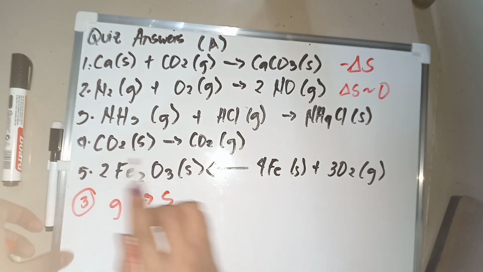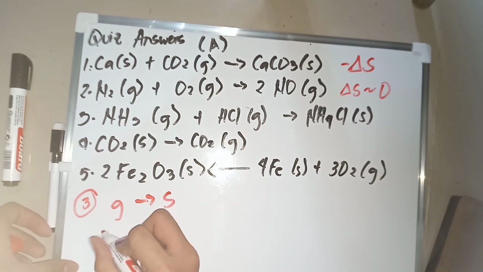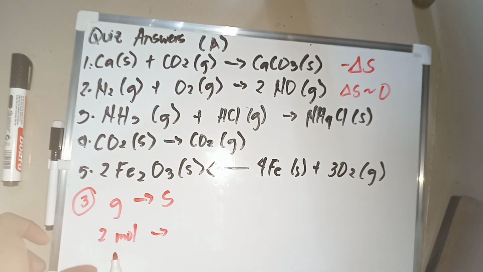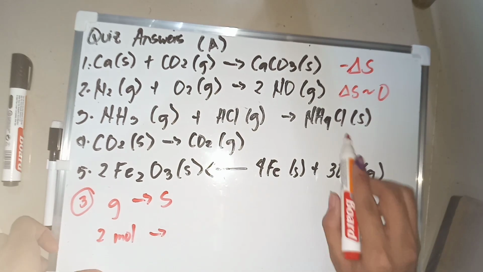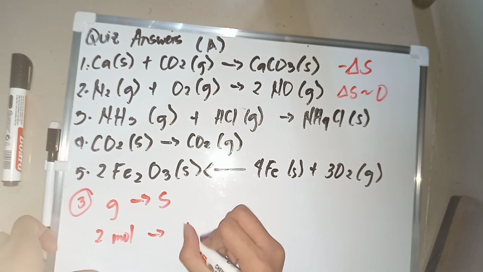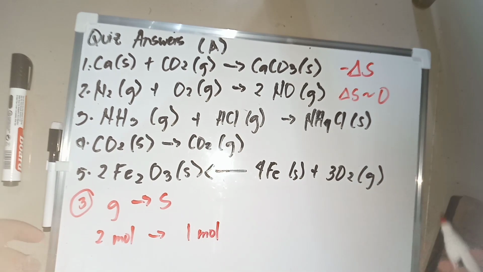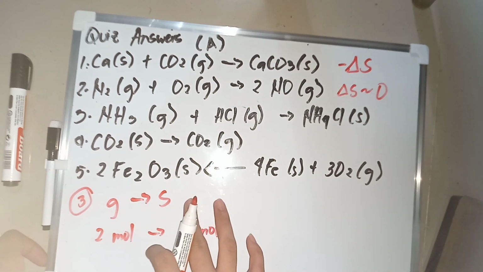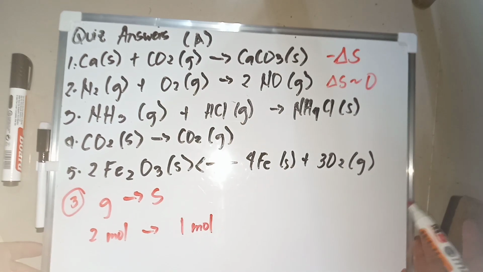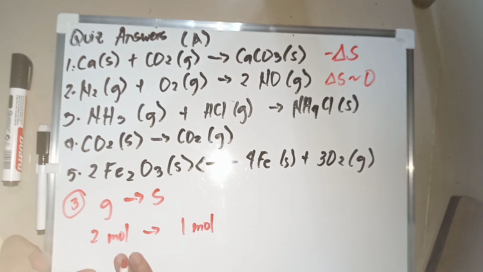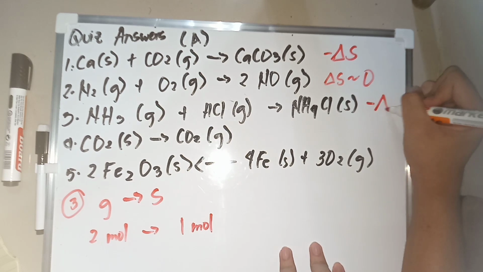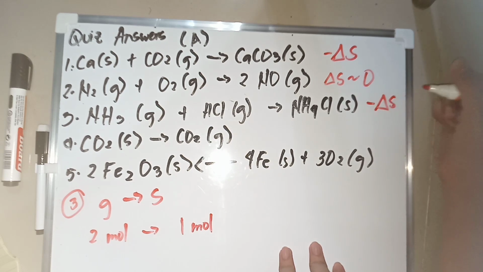And the number of molecules: we have two molecules in our reactant and only one molecule in our product. So gas to solid means a decrease in entropy, and we also have a decrease in the number of molecules, which means number three will have a decrease in entropy.